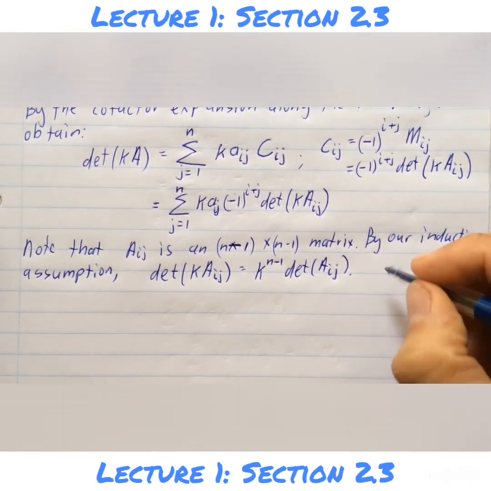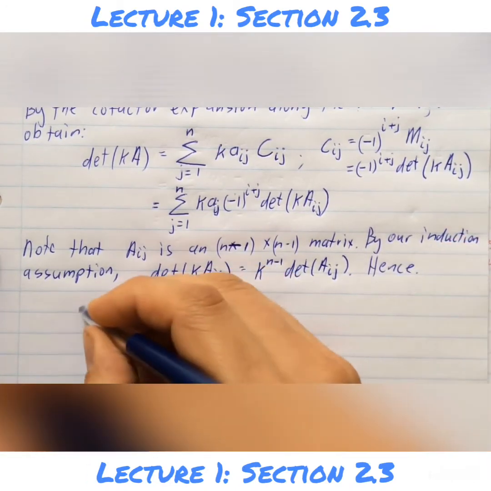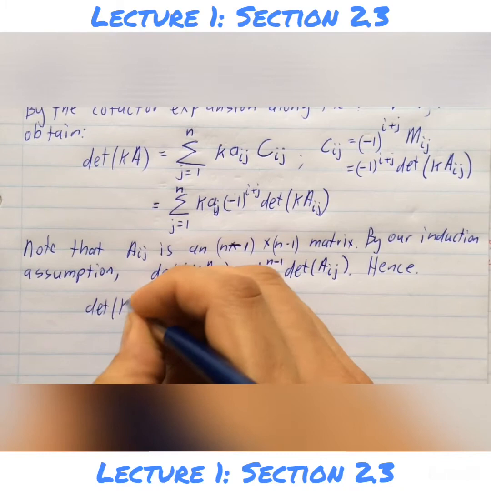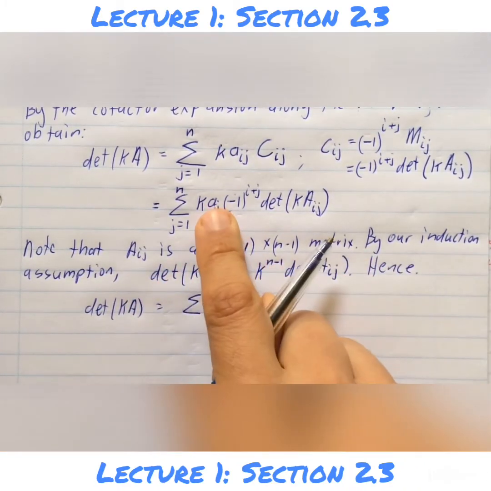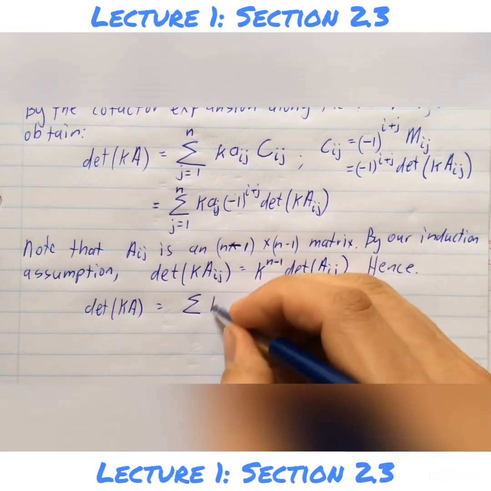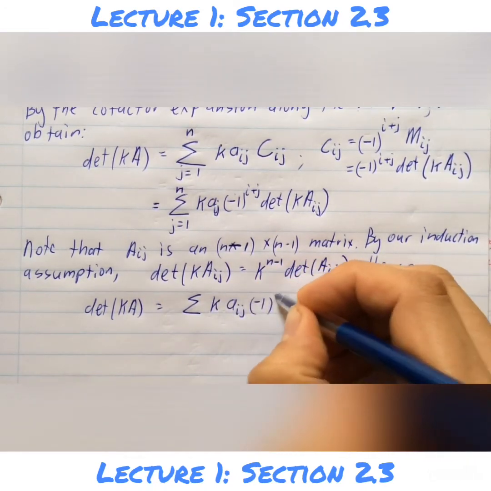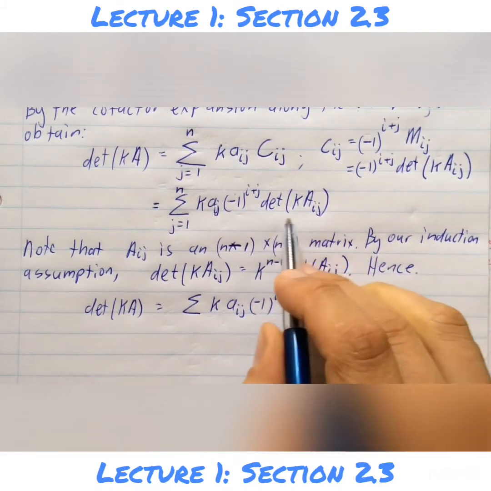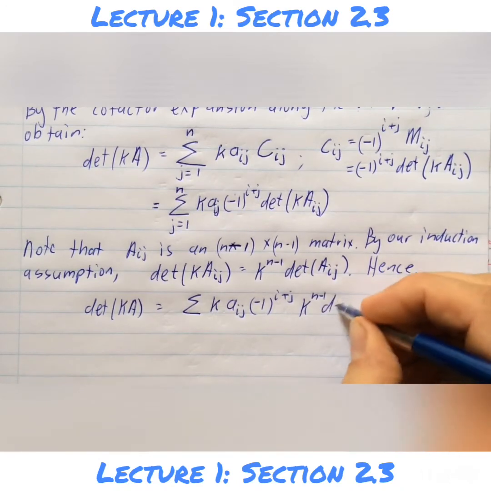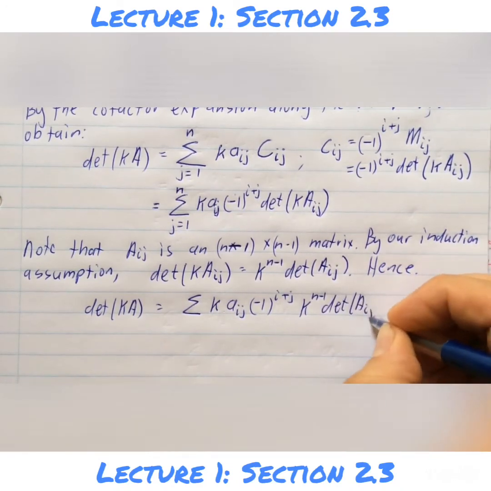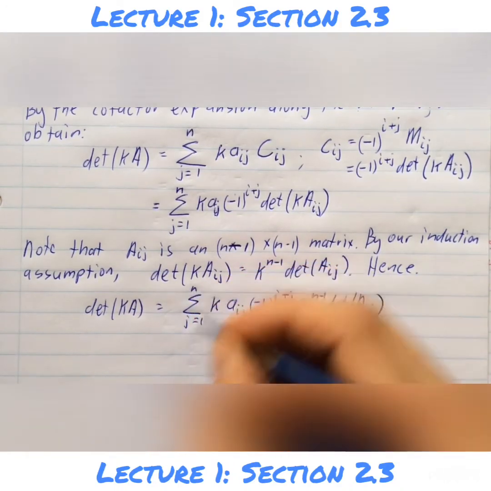Hence the determinant of KA becomes the sum we had, K times Aij times minus 1 to the power i plus j, multiplied by this determinant, which is K to the n minus 1 times the determinant of Aij, where j runs from 1 up until n.